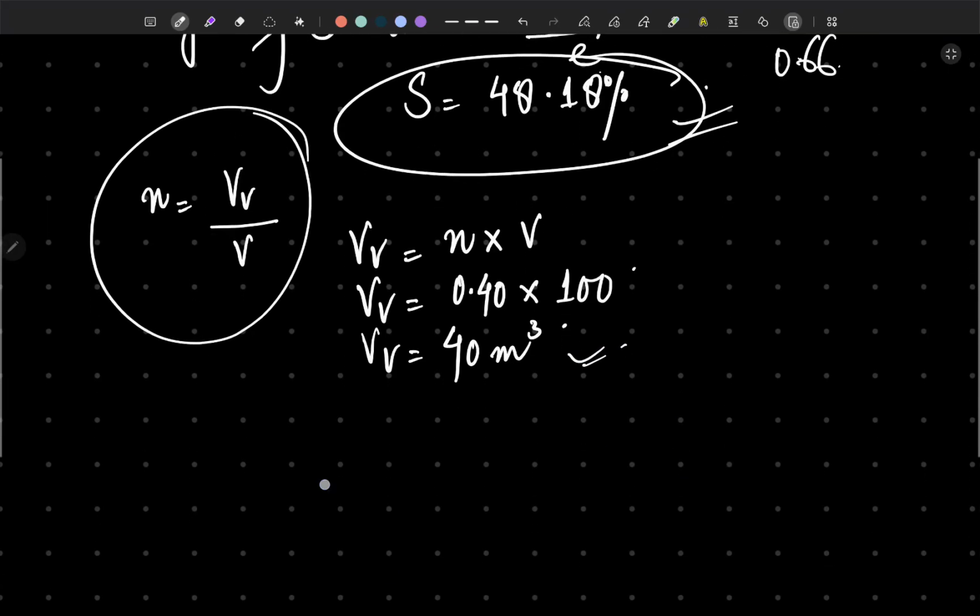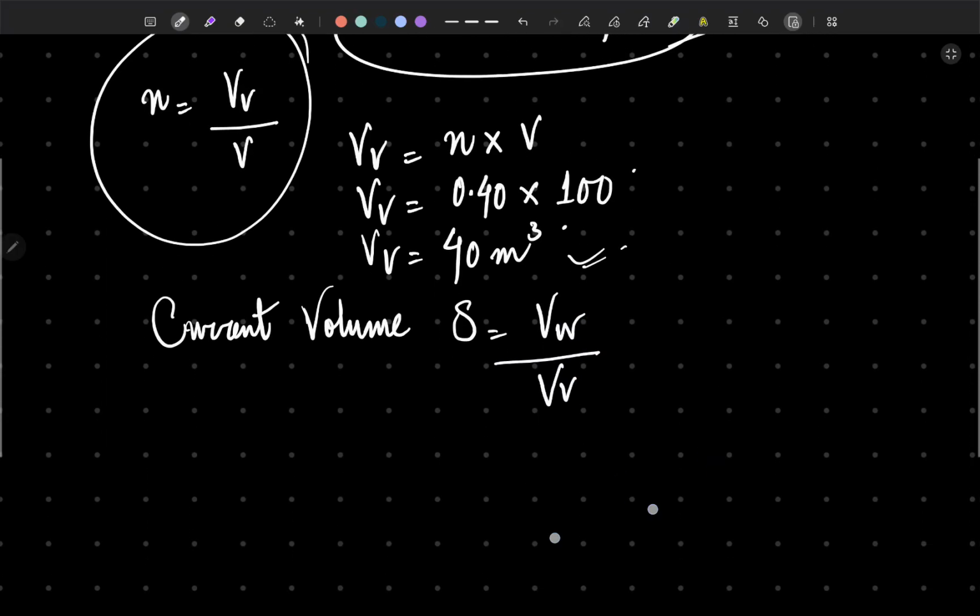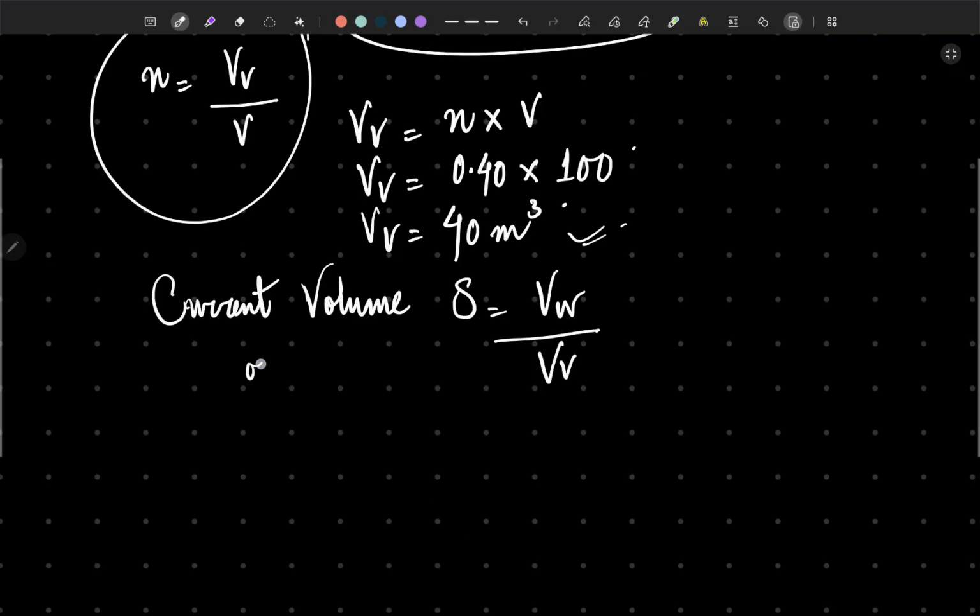Current volume of water we'll find out by the degree of saturation, because we know degree of saturation is volume of water divided by volume of voids. That's why we found the degree of saturation first. Degree of saturation is also a ratio between volume of water to the volume of the voids.